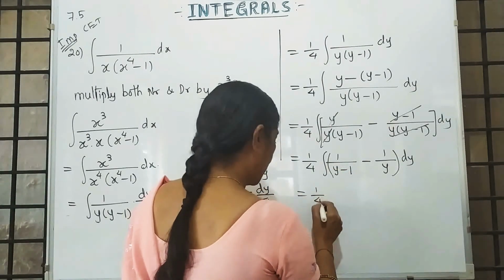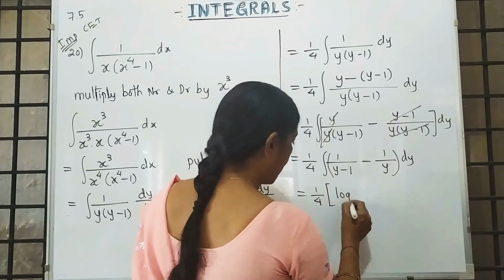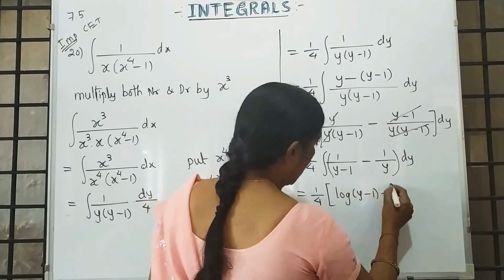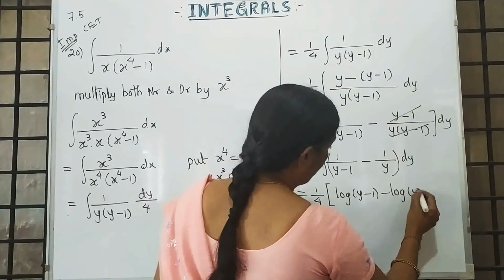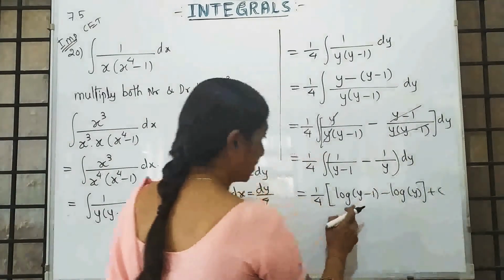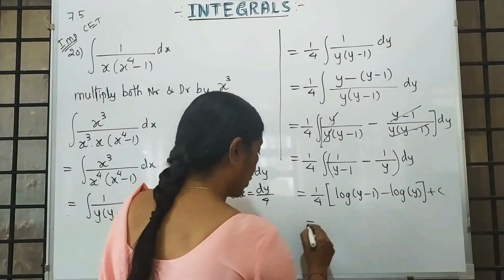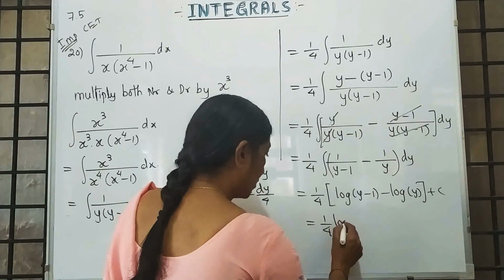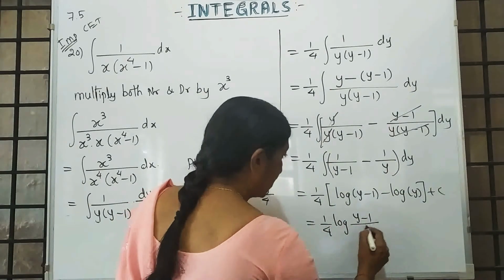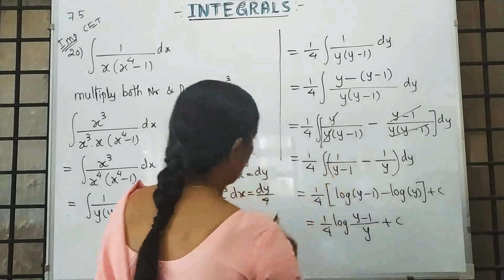This is 1 by 4 log of y minus 1 minus log of y plus c. It is in the form of log m minus log n. 1 by 4 log y minus 1 upon y plus c.